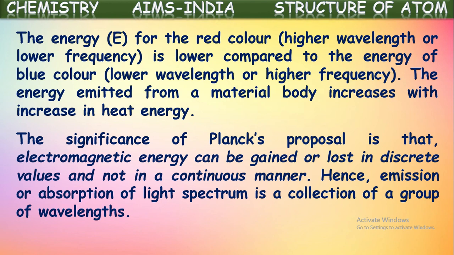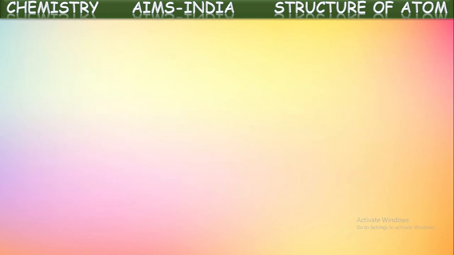It is in discontinuous form, in small packets. Hence, the emission or absorption of light spectrum is a collection of a group of wavelengths. That is why it won't be continuous. Even the emission spectrum or absorption spectrum of light is a collection of a group of wavelengths. It is not all together.